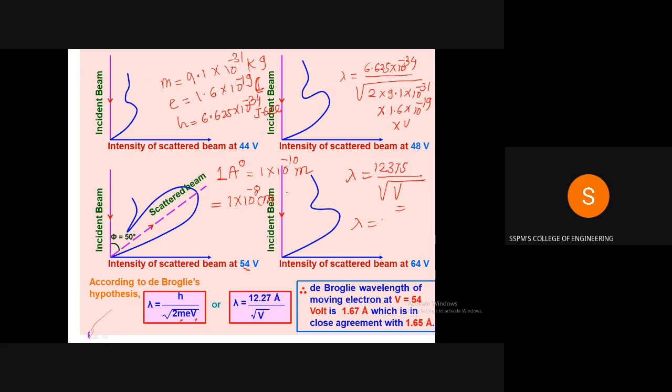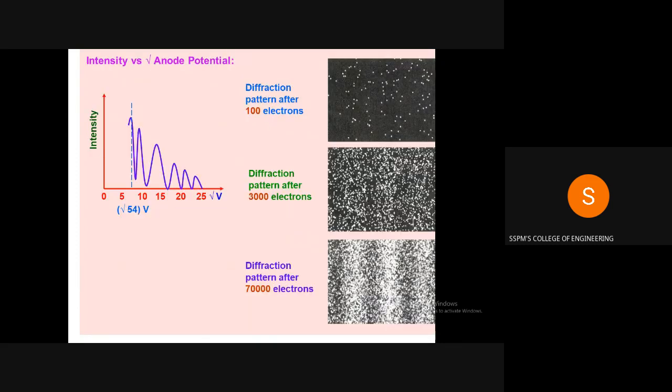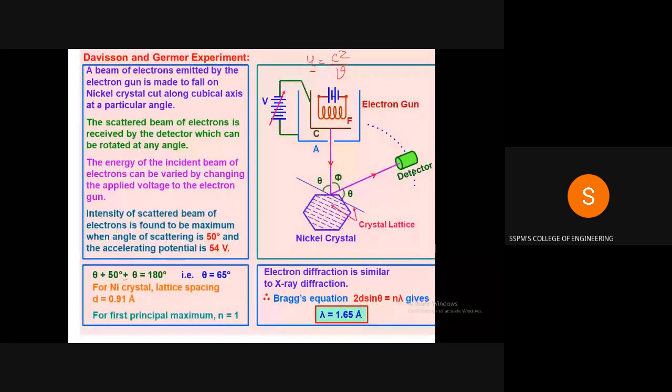And if you are substituting this V as 54 volts, then the de Broglie wavelength is also approaching 1.67 Angstrom unit. By the first method, that is using the probability equation, we have reached lambda equals to 1.65 Angstrom unit.